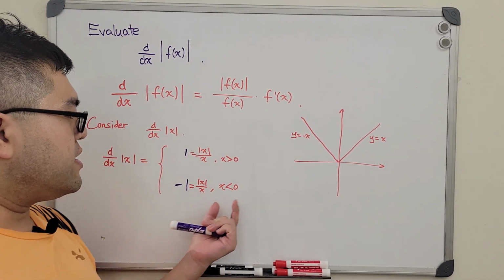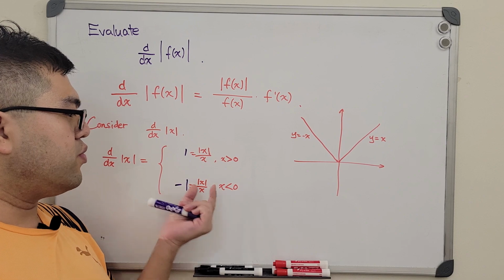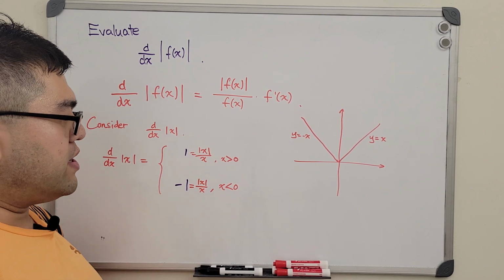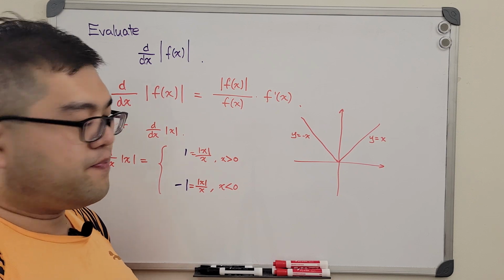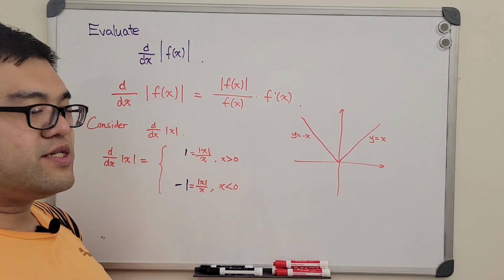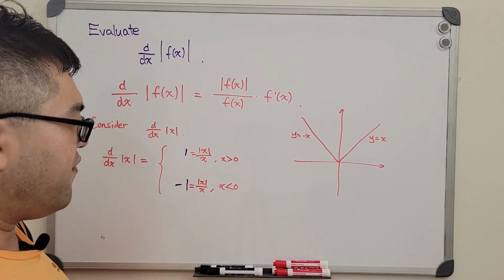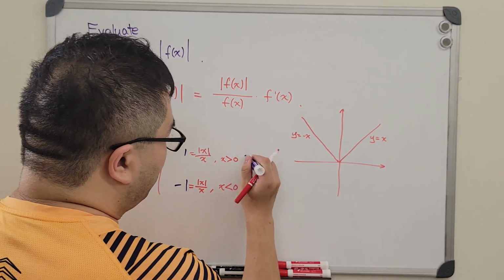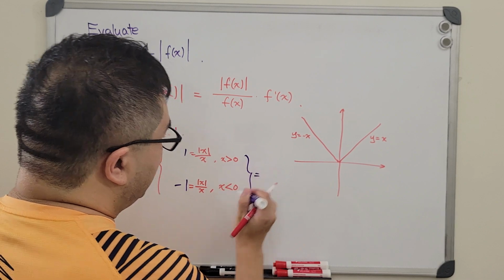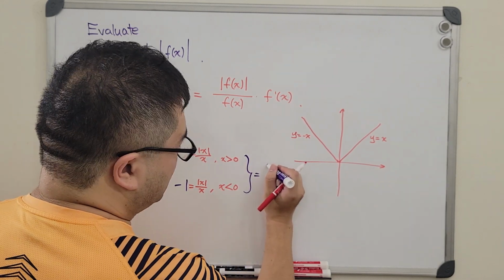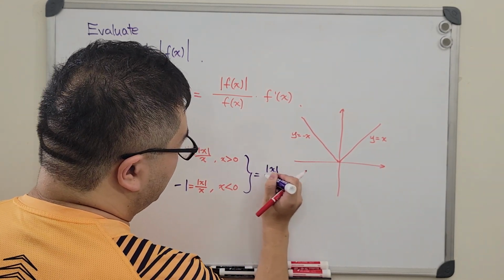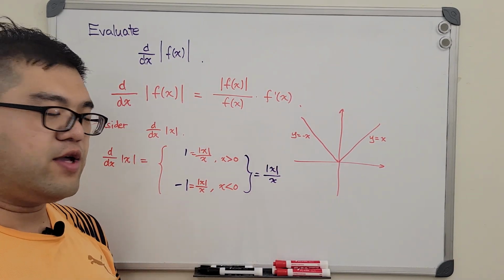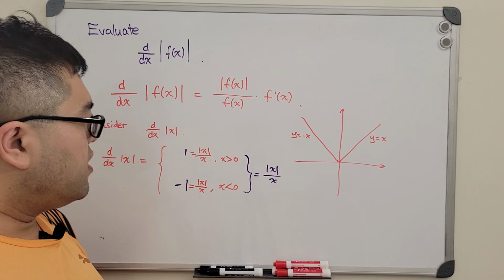Because now we have x less than 0, we have a positive over negative x value, and then the x value will get cancelled out. And again, because x is not equal to 0, we do not have to worry about dividing by 0. So now we can combine these two results together and claim that the derivative of the absolute value of x is just equal to the absolute value of x over x.